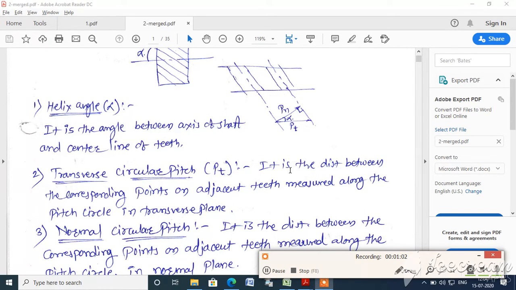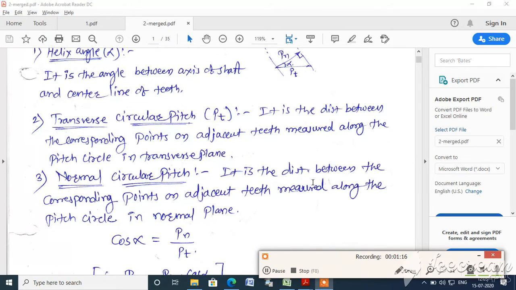It is the distance between the corresponding points on adjacent teeth measured along the pitch circle in which plane? In the transverse plane. Then what is normal circular pitch? Again, it is the distance between the corresponding points on adjacent teeth measured along the pitch circle in the normal plane.